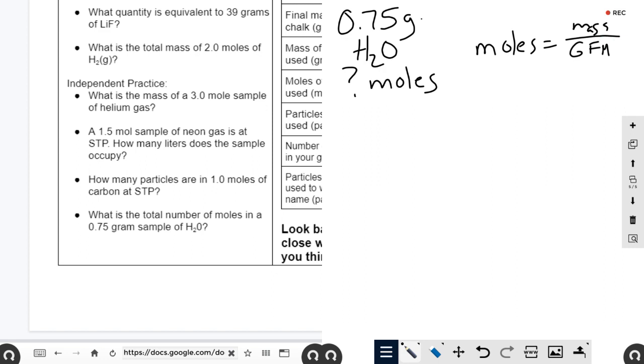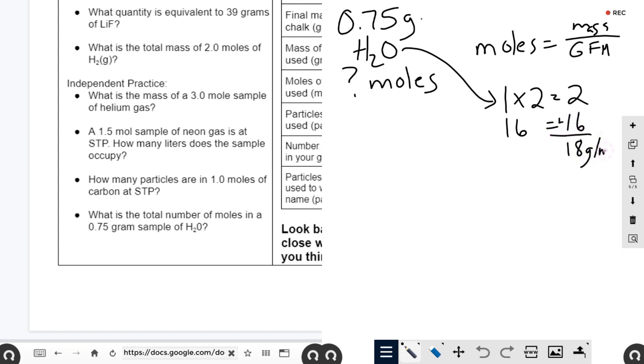I have the mass. I could find the gram formula mass. I have 2 hydrogens, each hydrogen is 1, and I have 1 oxygen. Add these up, so it's 18 grams per mole.